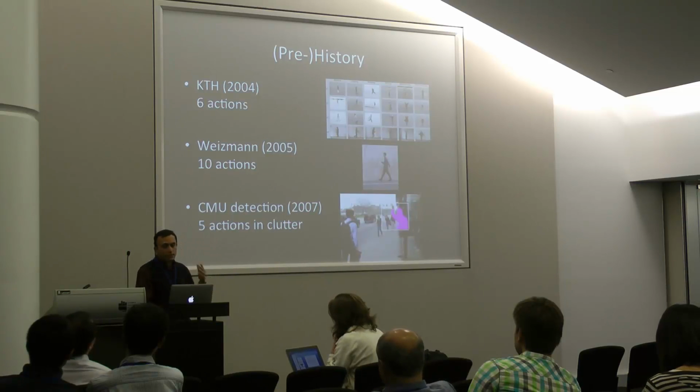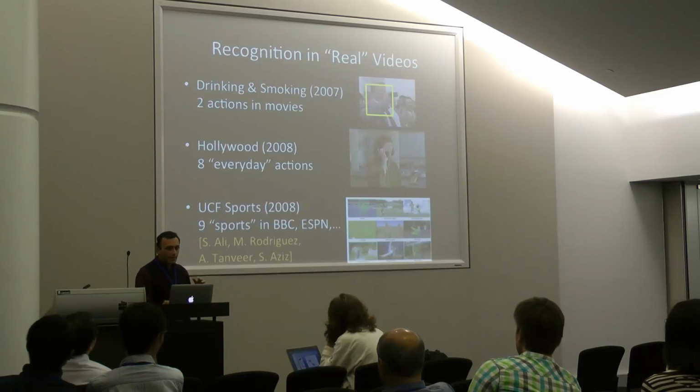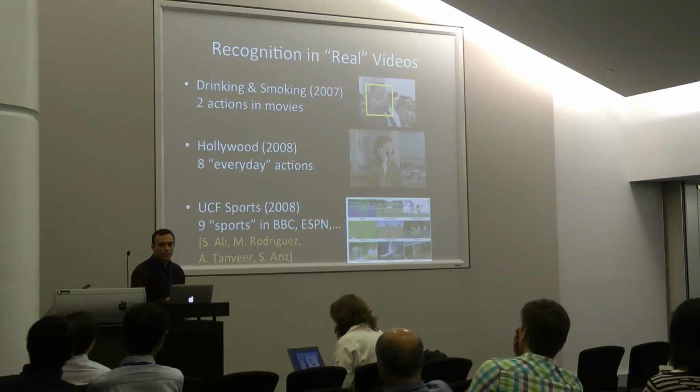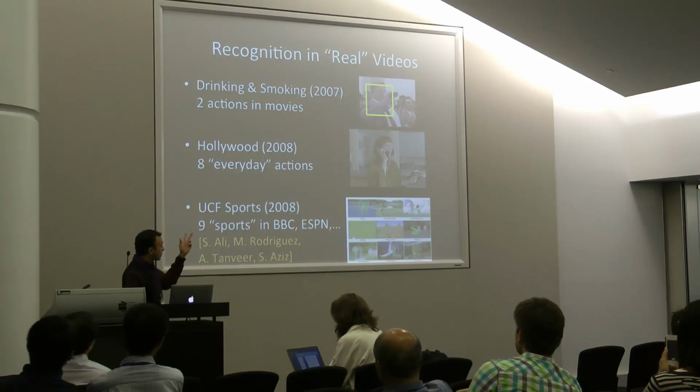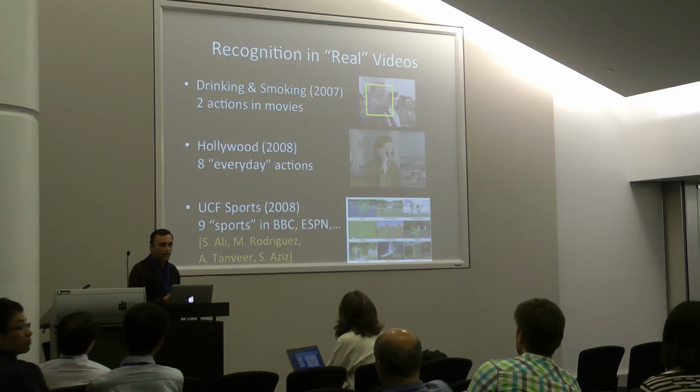And over the years, it went from 6 to 10 actions in Flutter, where people were trying to do localization as well as whole clip recognition. And then I think a shift happened, because once people digitized movies, people started seeing the possibilities of doing action recognition in existing videos, starting with small numbers of actions like drinking and smoking, moving on to Hollywood action, which still gets used with everyday actions, and then with sports.